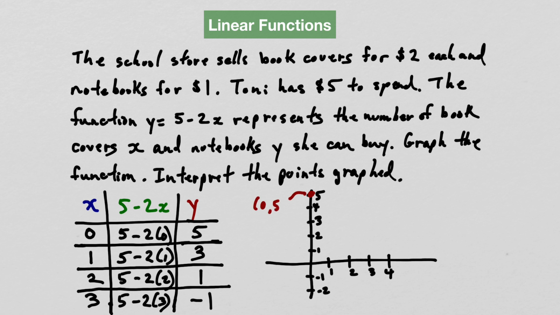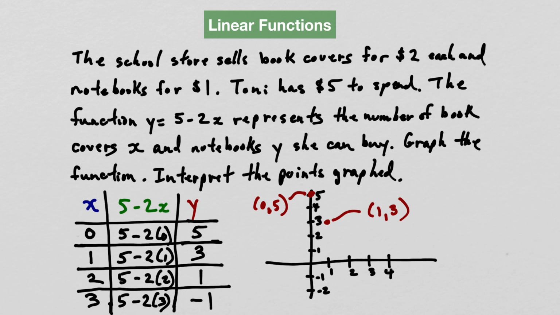Then the next point is 1, 3, which is right here. And we get 1, 3 from the chart that we just wrote. Under the x column we have 1, and if we move to the right, under the y column is 3. Okay, that's where we get our points.